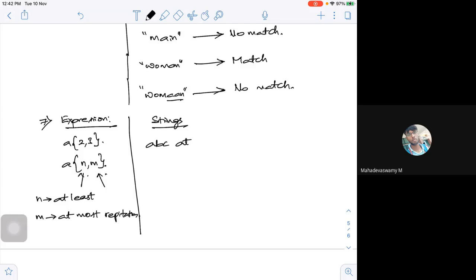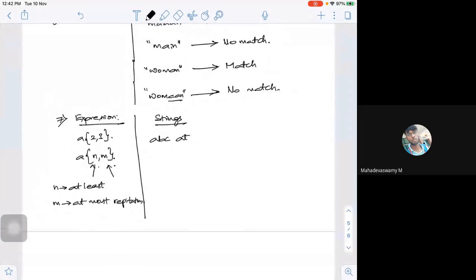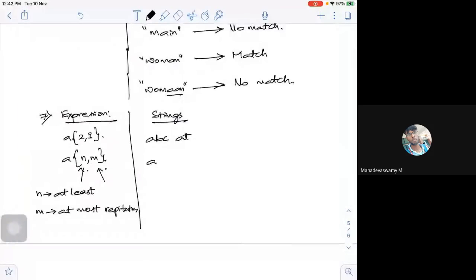Now look at this. Here I am trying to search for the letter A. Now if I change the expression, A, B, C, I should have put it 3 times. So let me put it like this, B, A, T, and here I am going to put D, A, A, T. Just a simple example, let's try to understand this.